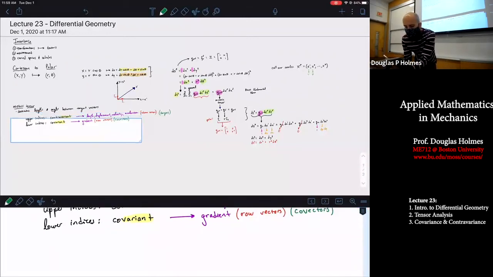So if I take my arbitrary vector A, it's got some components that are covariant, we'll call it lambda, and I multiply that by B using the same variable for our superscript.